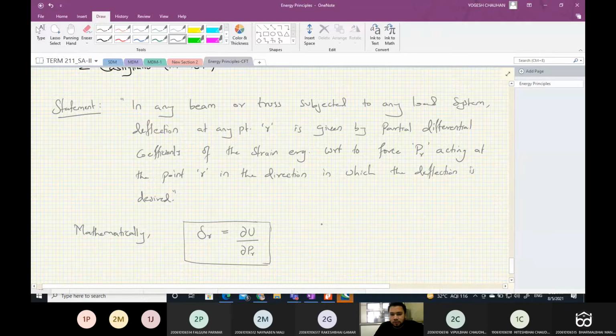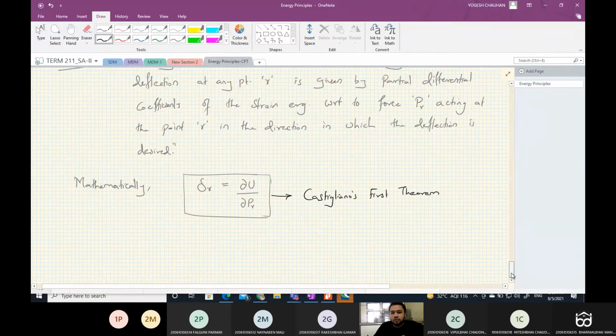So that means, this is Castigliano's first theorem.